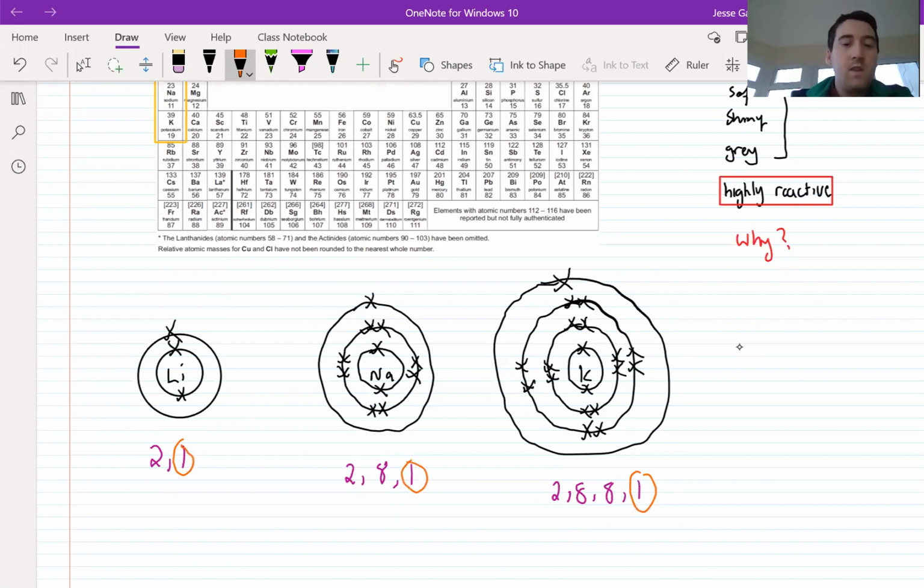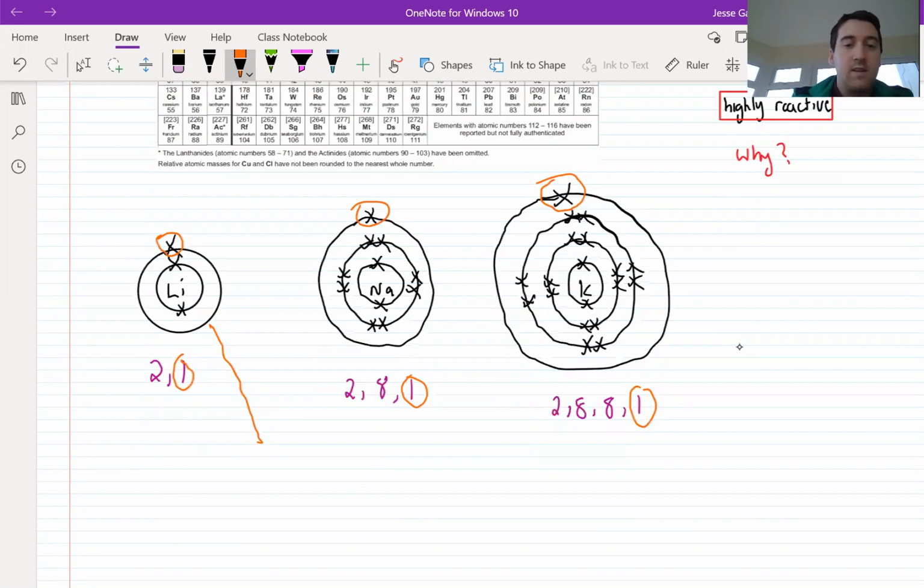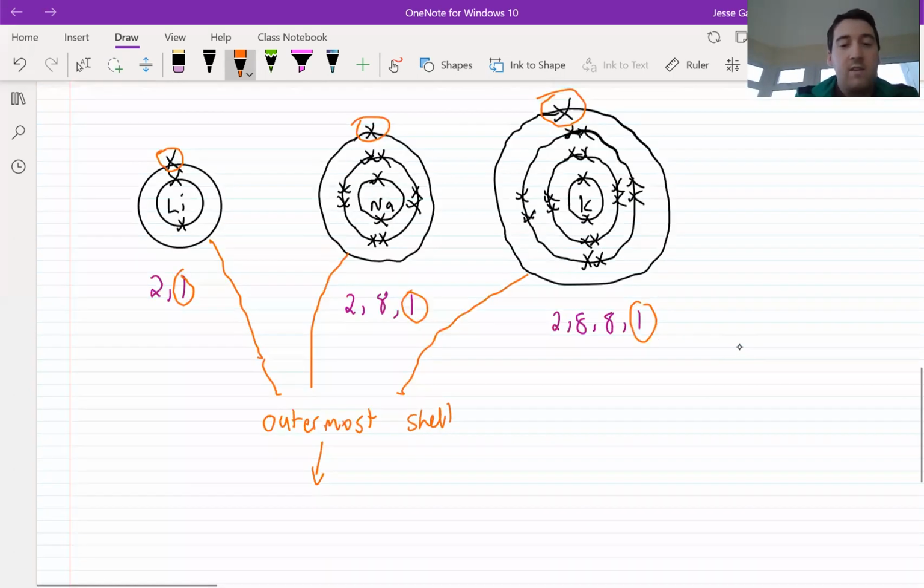Well, if we check the outermost shell, which just means the one that's furthest away from the nucleus, that's what we call this one, and this one, and this one. This here is what's called the outermost shell. It's also known more correctly as the valence shell.